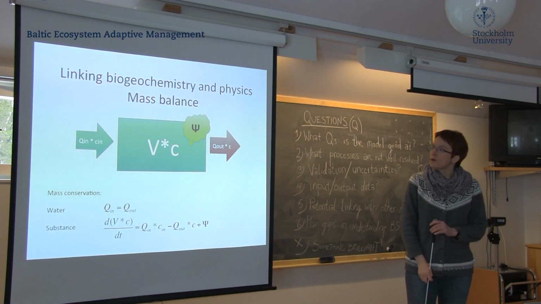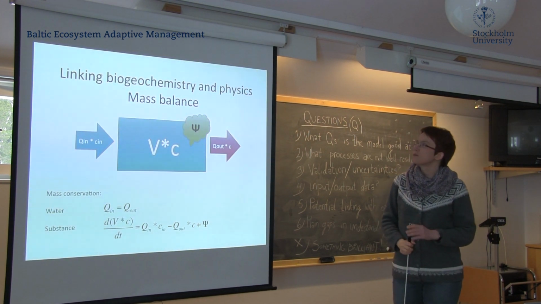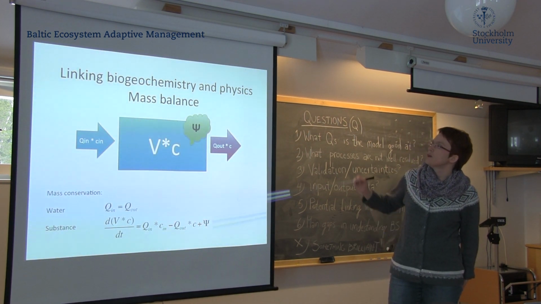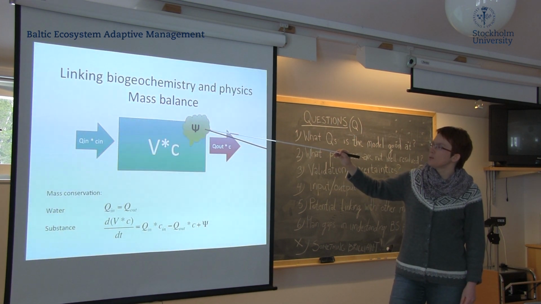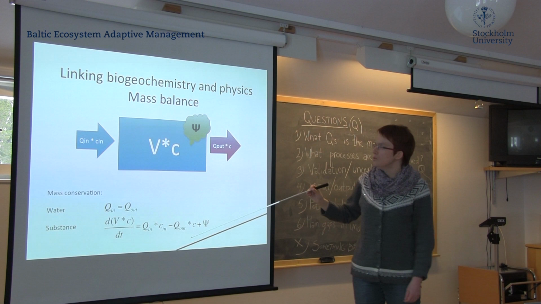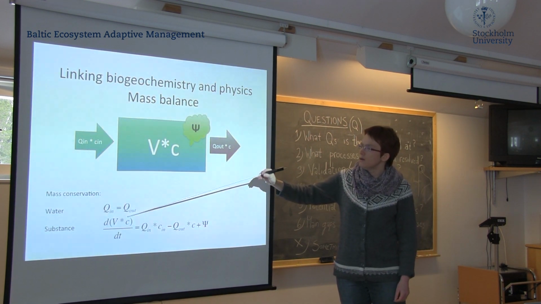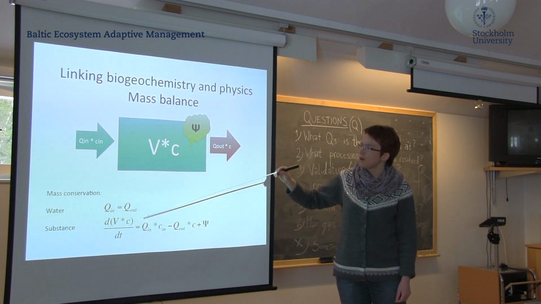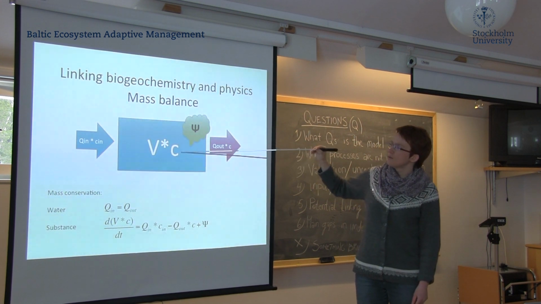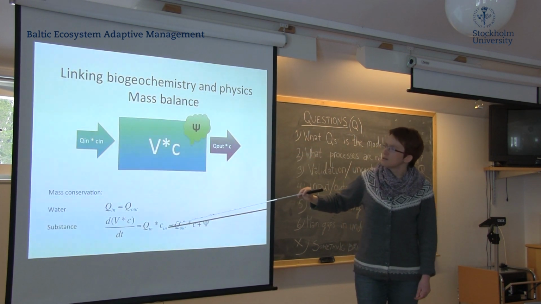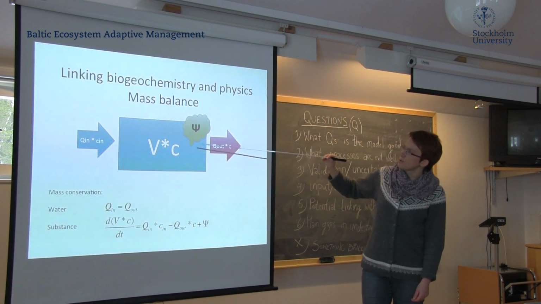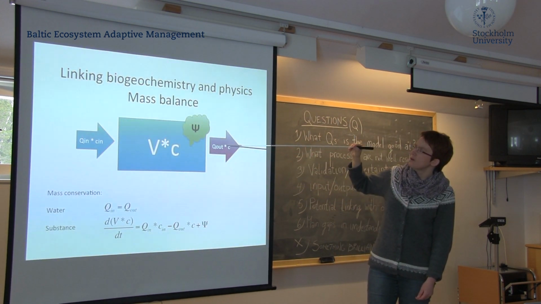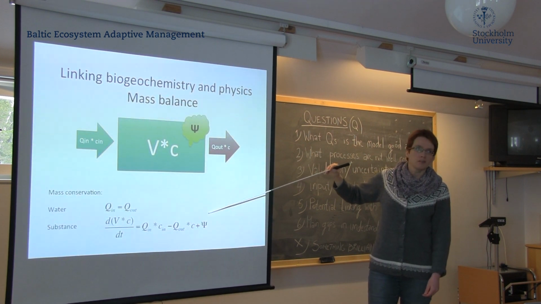But what we are more interested in is what does it look like if you have a system that has some biogeochemical reactions that go on in your box, and then basically you expand your system. You say the rate of change within the box is now what flows into the box minus what flows out of the box plus a reaction term.